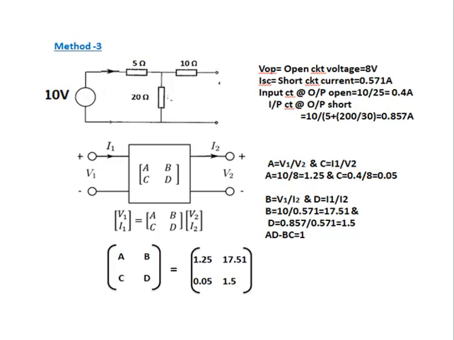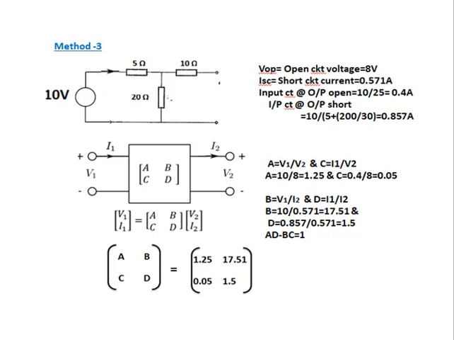Method 3. In this method, we calculate the open circuit voltage, short circuit current and input current for an applied voltage. Assume 10 volts is applied to our circuit with 5 ohms, 10 ohms, 20 ohms components.